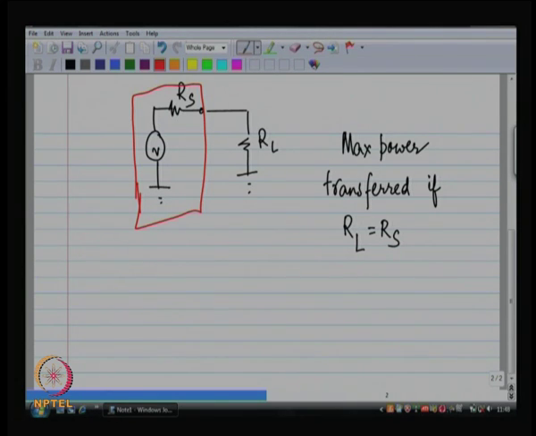Now, once you understand that, then the question is, what should the load resistance be? What should R L be to get maximum power transfer?